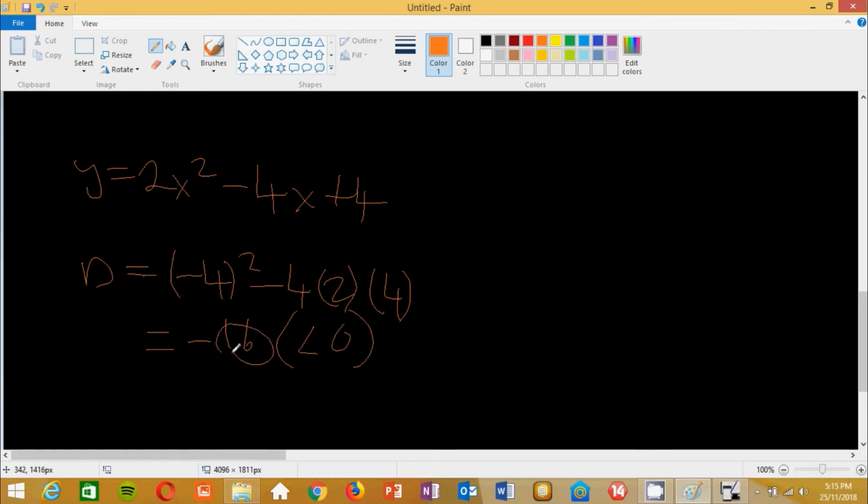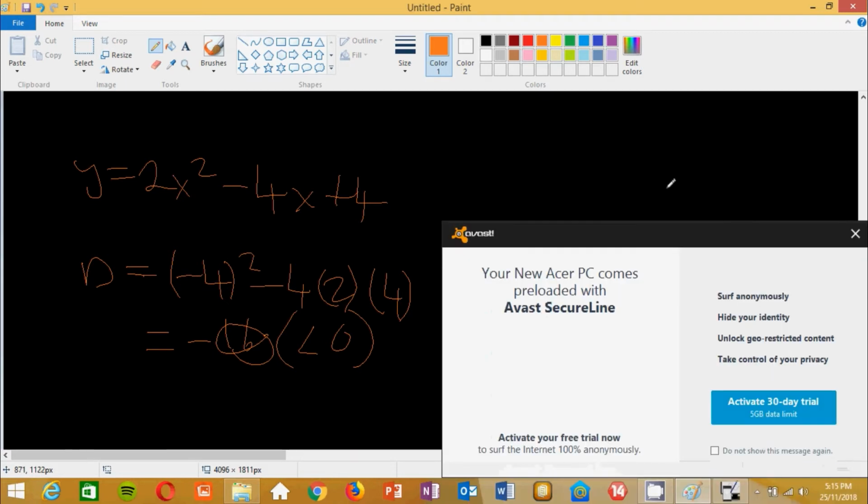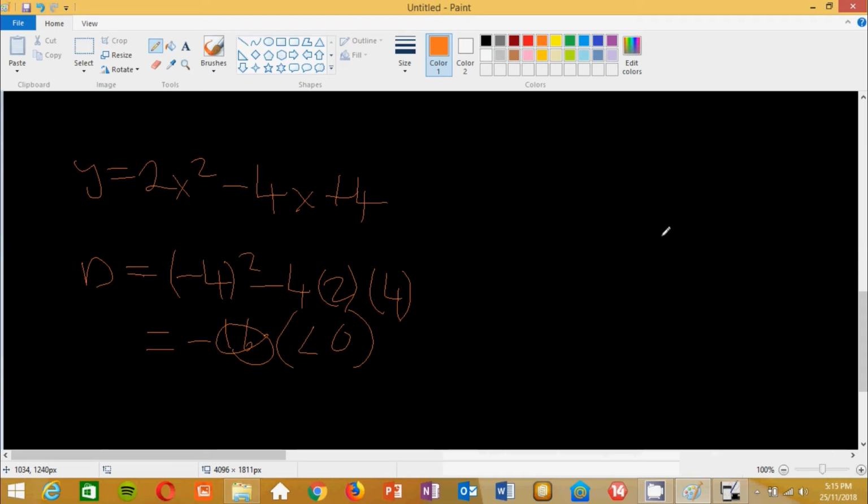Because the discriminant of this curve is negative 16, which is less than 0, we know that our curve is not going to touch the x-axis. Our curve is going to lie above or below. But because we deduced in the previous video that this curve is a smiley curve, it has a minimum point, it's going to lie above the x-axis. So the curve that we've been trying to sketch is actually going to look like this, where this point here is the minimum point that we deduced in the last video to be 1, 2.